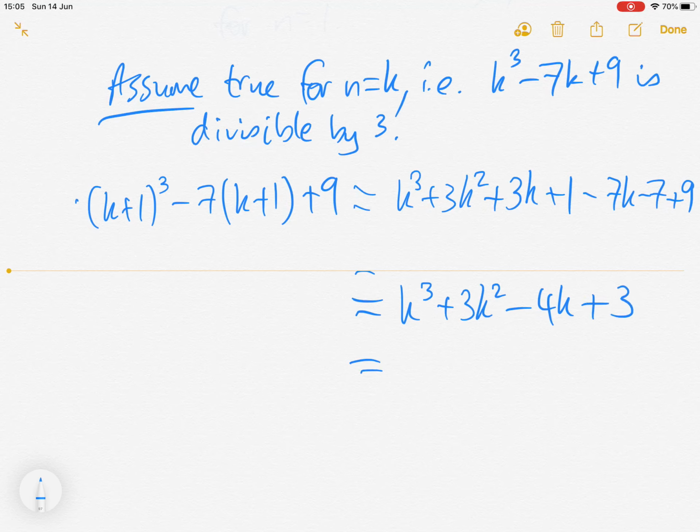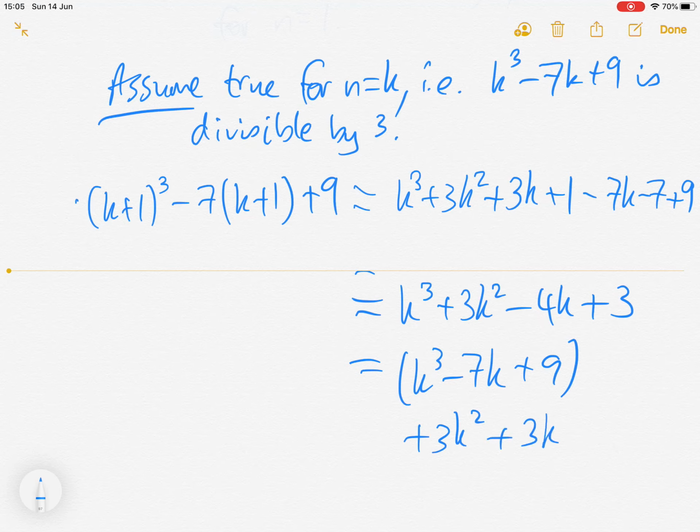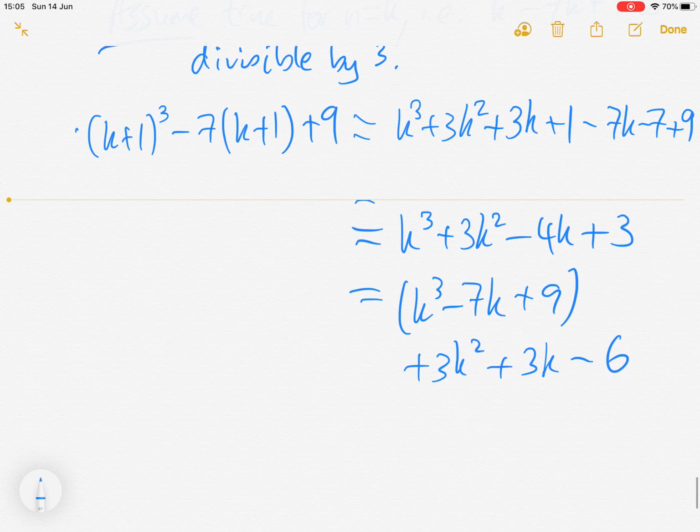And then we can see we've got a k cubed minus 7k plus 9 kind of hiding in here somewhere. And we need to add 3k squared, add 3k, and take away 6 to make this work.